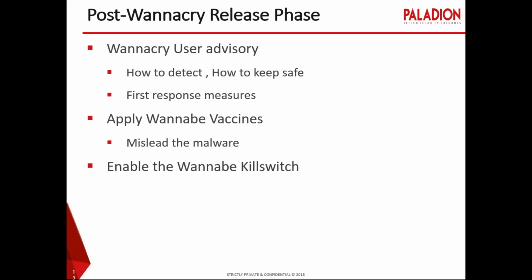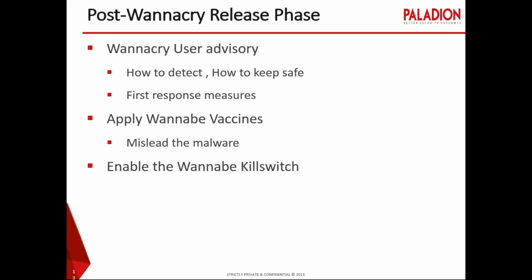Specifically related to WannaCry, and we have also seen it in the cases of some other ransomwares, some of the security communities or open source release some vaccines. So vaccines are not really a replacement for the patches, but sometimes the vaccines do small tricks like misleading the malware. So for example, they would put some dummy files with the same extension as a WannaCry encrypted file.